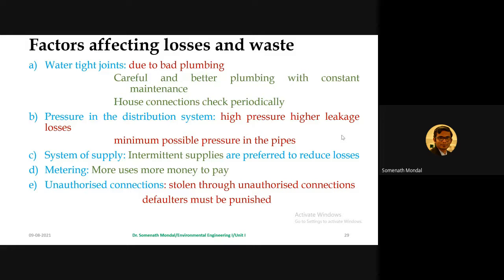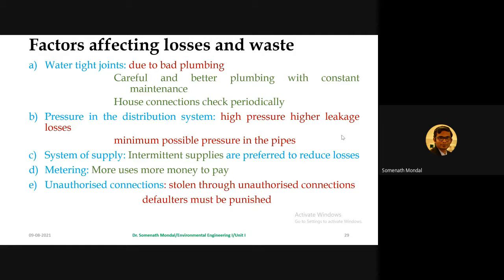Since losses and waste have a significant impact on the overall per capita demand, we are going to talk about the factors which affect these losses and waste for any water supply system. And as we have discussed before, an enormous amount of water is lost due to leakage, wastage, and thefts in every water supply scheme, which you can see in your city, in your locality and in the neighborhood.